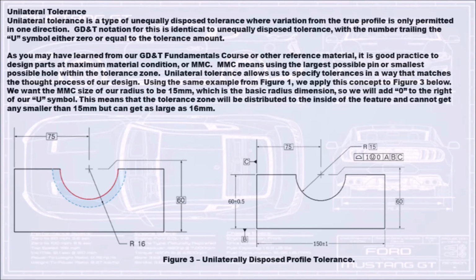Using the same example from figure 1, we apply this concept to figure 3 below. We want the MMC size of our radius to be 15 mm, which is the basic radius dimension, so we will add 0 to the right of our U symbol. This means that the tolerance zone will be distributed to the inside of the feature and cannot get any smaller than 15 mm but can get as large as 16 mm.